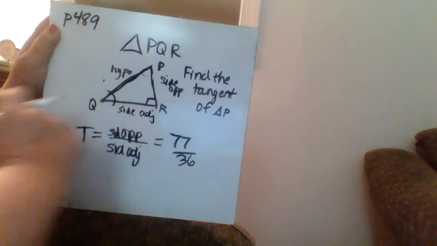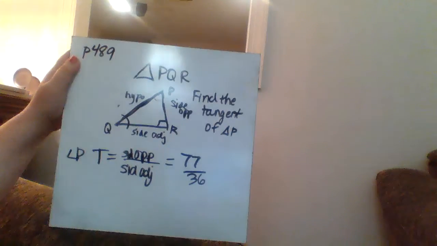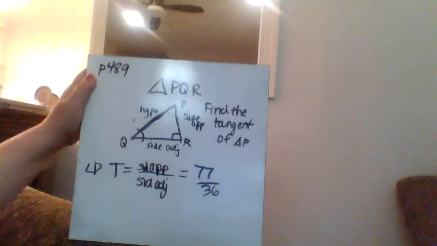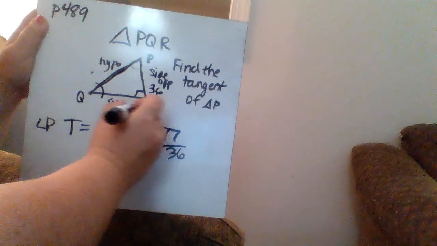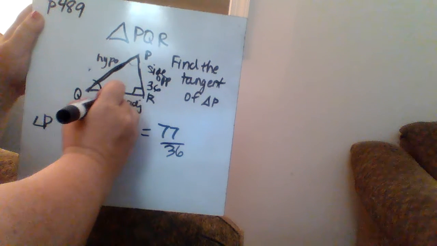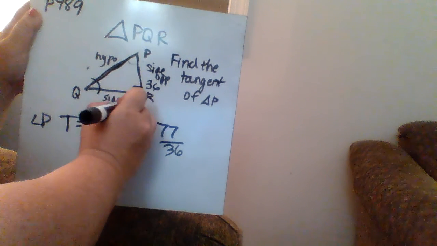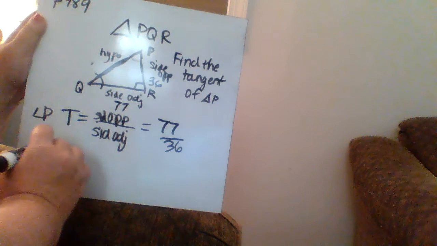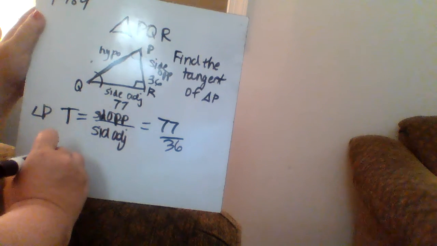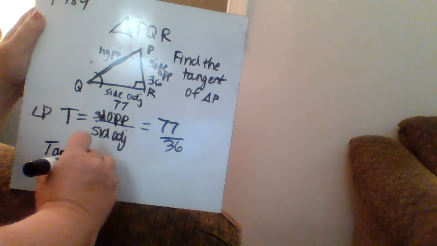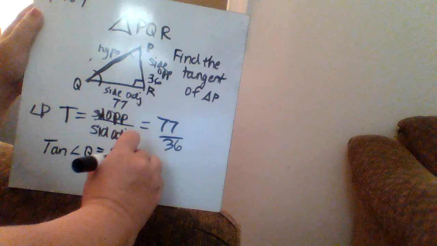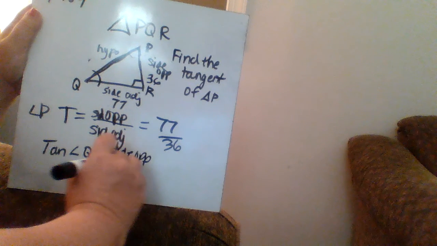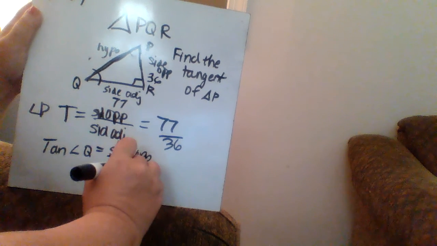Again, we said that line segment PR is 36, and line segment QR is 77. So if we're finding the tan of angle Q, we still know that it's the side opposite over the side adjacent.